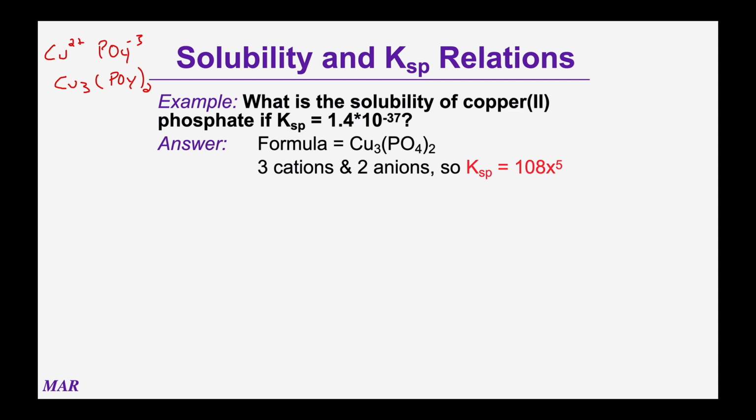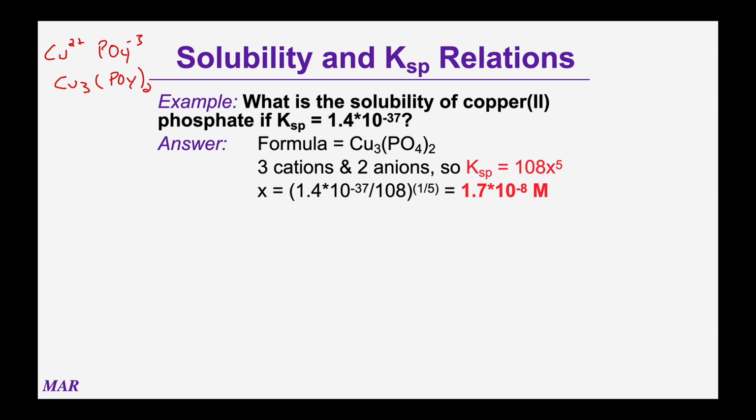So in this problem, we have the KSP and we want to find x, the solubility. So you can take the 1.4 times 10 to the minus 37th, first divide by 108, and that'll give you solubility to the fifth power. And then you need to take the fifth root, which is like raising it to the 1/5 power.